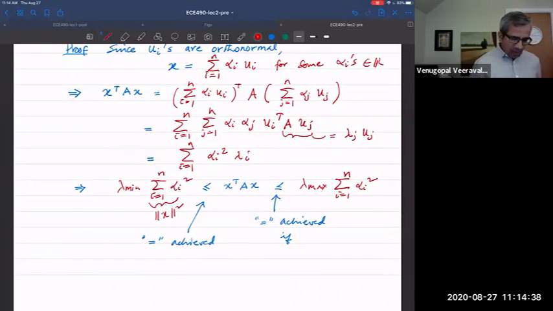So equality on the left-hand side, when is that achieved? Anyone? These bounds are tight. They're achieved for certain values of x. And what value of x achieves the left-hand side? Anyone? Just unmute and speak up.